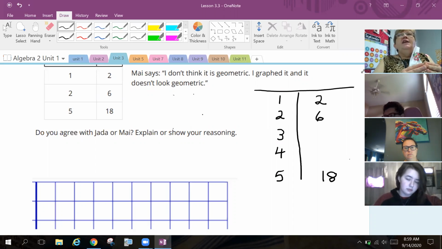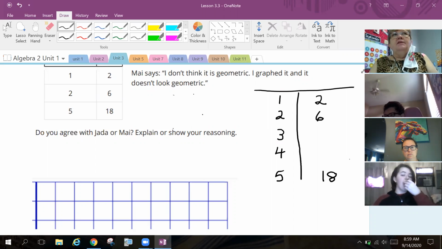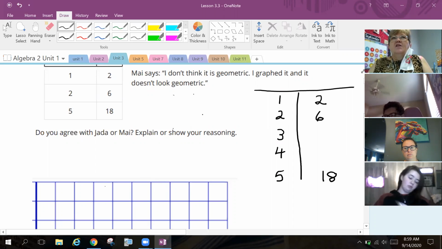You need to find at least 2 more to make it a true statement. So Jada's not correct because when you multiply times 3, it's all the way down here for the 5th value. So somehow she doesn't have 3 and 4.